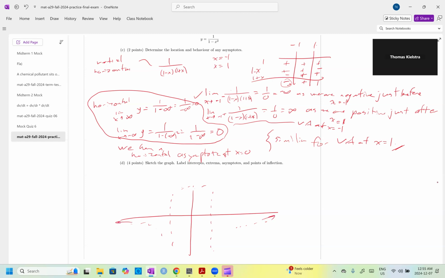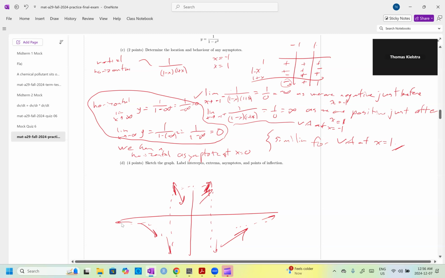I have a vertical asymptote here and here. I know that I'm decreasing. I'm going down, down, up, up, because I'm decreasing from minus infinity to -1, and -1 to 0, and I'm increasing from 0 to 1 and 1 to infinity.